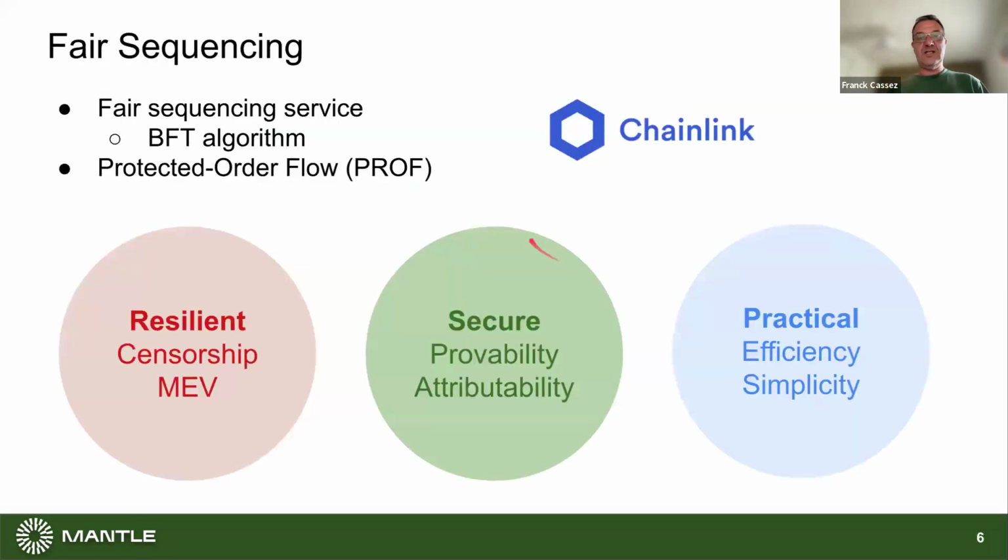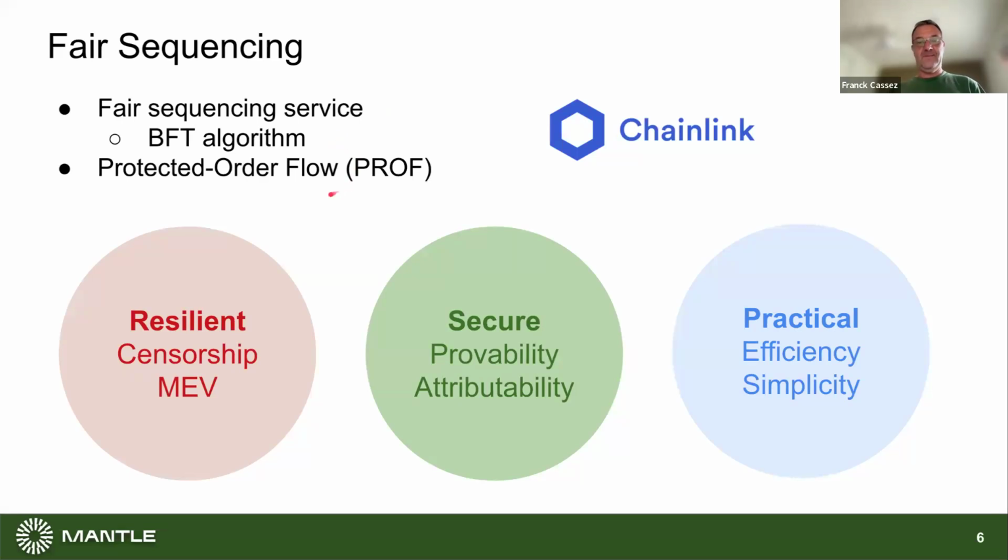So the goal of fair sequencing is not entirely new. It was introduced a couple of years ago, in 2021, by Chainlink. They even offered what they call a fair sequencing service. But the fair sequencing service is based on using a BFT consensus algorithm as well.